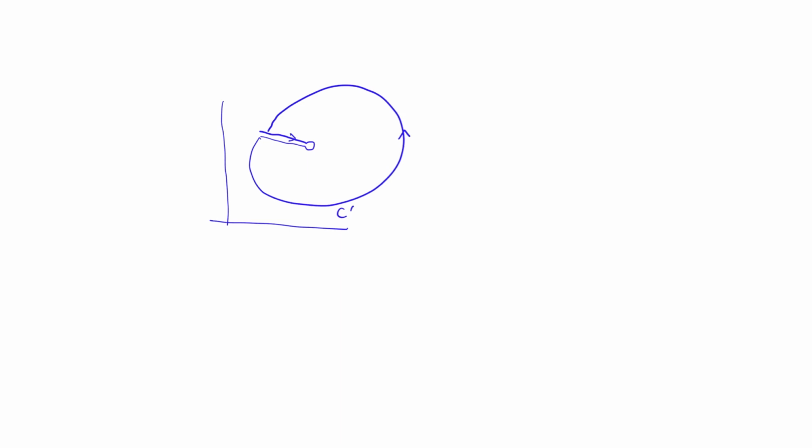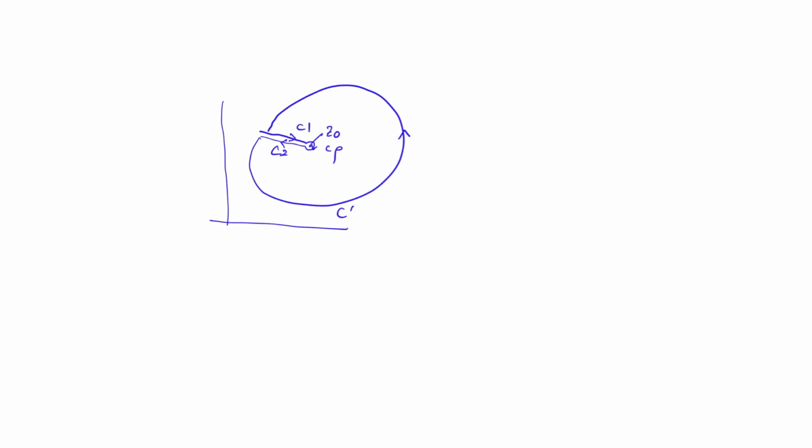So we have now C prime, C1, 0, C2. We have a Z naught.